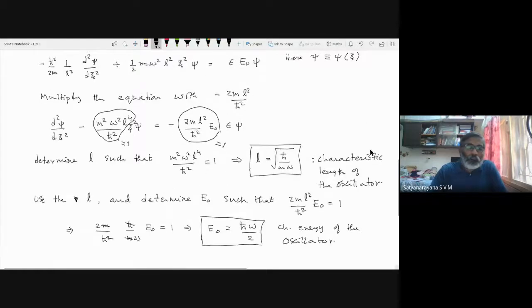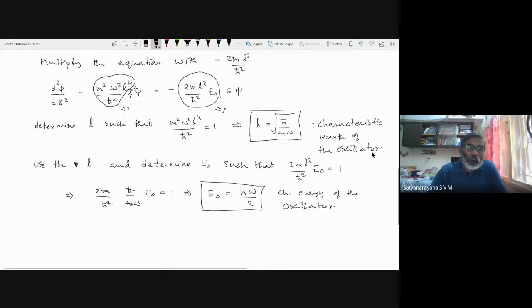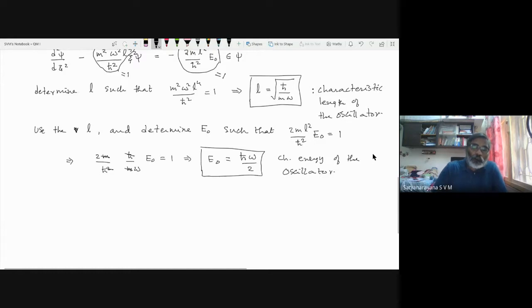Then the differential equation, with this identification of L and E naught, becomes a very simple form: d squared psi by d xi squared plus epsilon minus xi squared into psi is equal to 0.